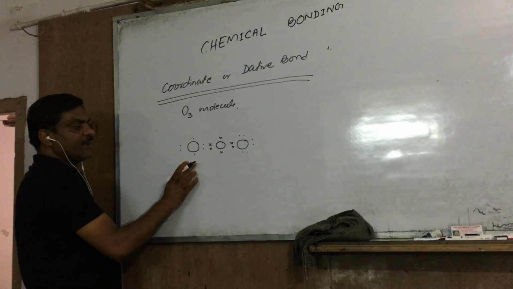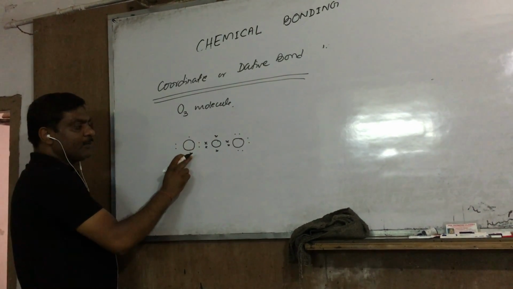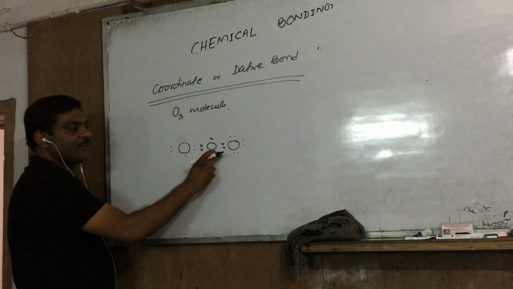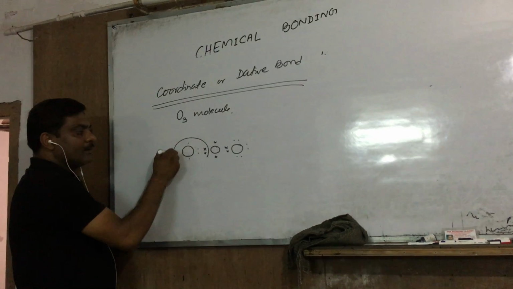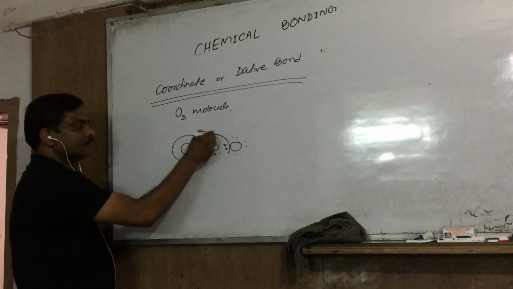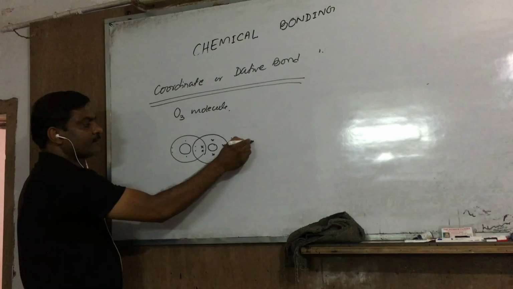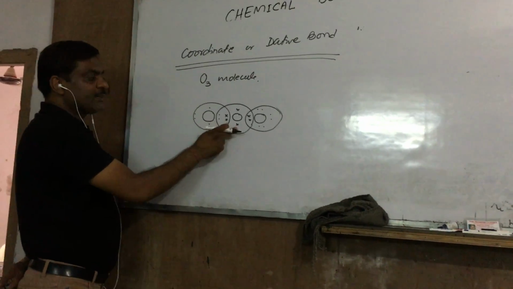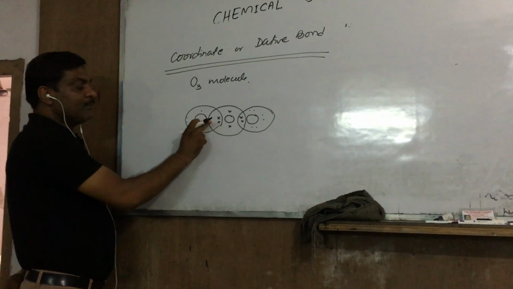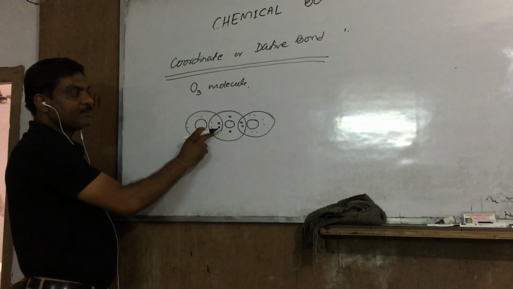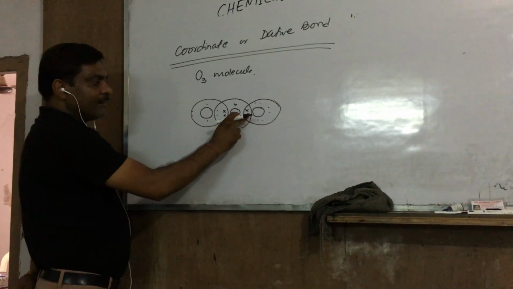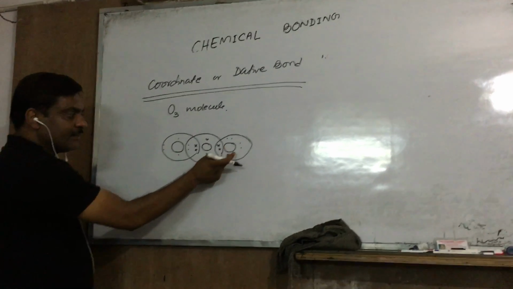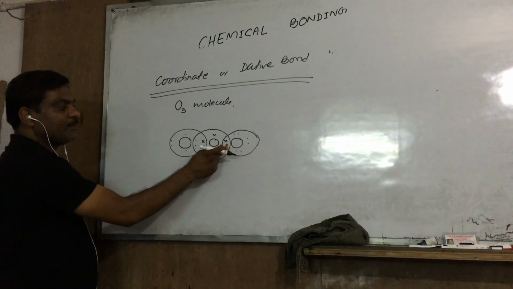There is the mutual sharing of an electron pair between these two atoms, and one-sided sharing of an electron pair between these two atoms, like this. In this structure, these two atoms have the mutual sharing of 2 pairs of electrons between them, and there is one-sided sharing of an electron pair between these two atoms.